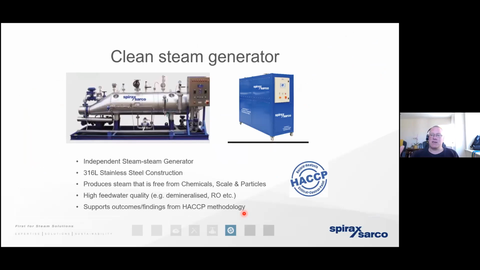And by generating that steam very, very close to the point of use, to the process, and distributing that clean steam a very short distance in high-grade stainless steel pipework, we can then get a condition of steam to the process that is fully compliant with EN 285. And I just want to show you a very quick animation to give you an understanding of how we can achieve that.